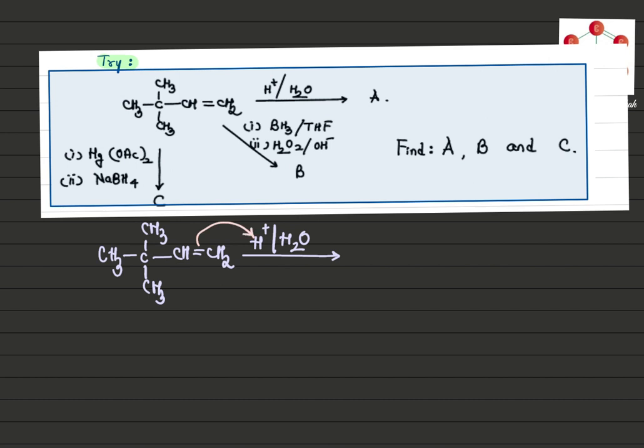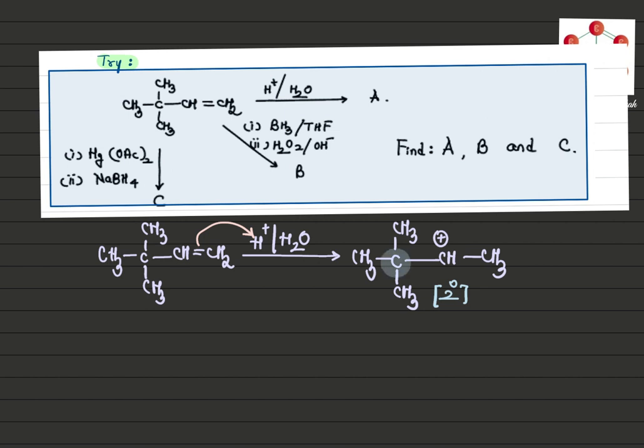Now, if this is the first thing, you get CH3, C, CH3, CH3, CH, CH3 and plus. All okay? What kind of carbocation is this? Secondary. Is there any possibility of making it better?